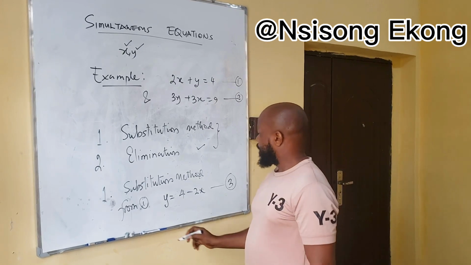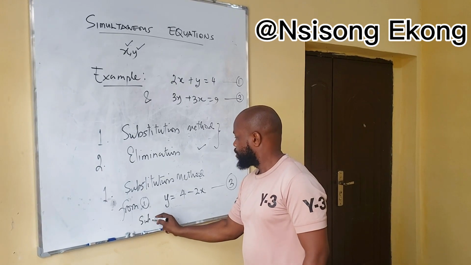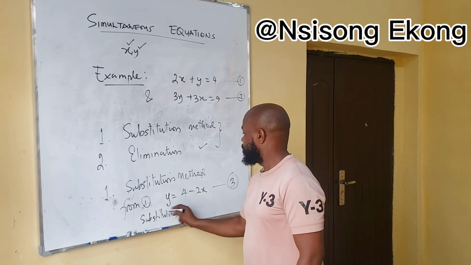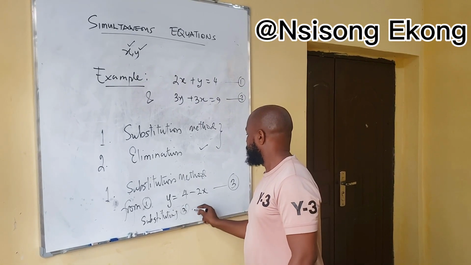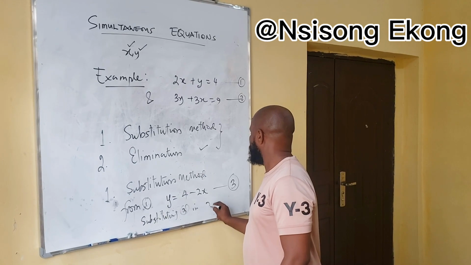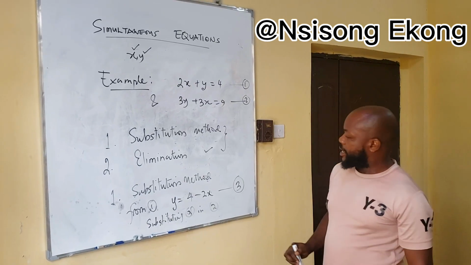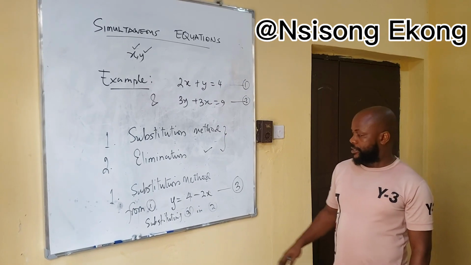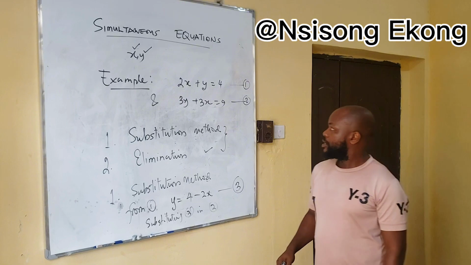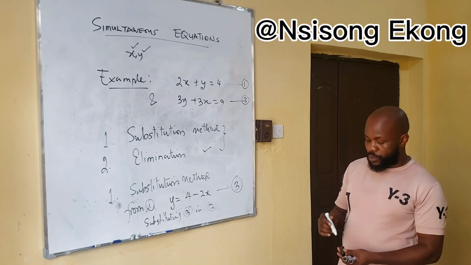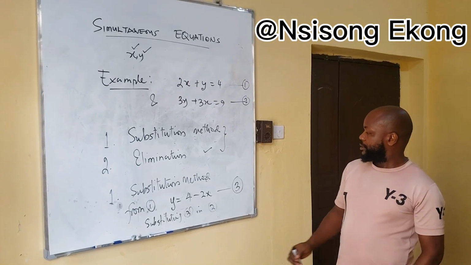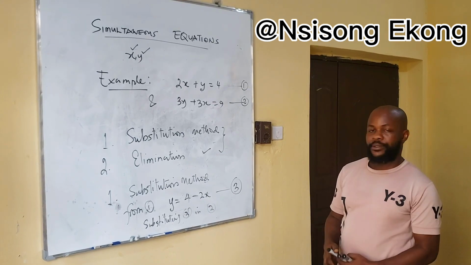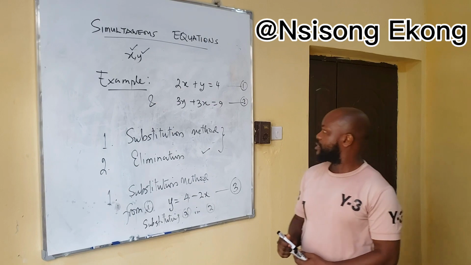From equation 3 now, we can substitute equation 3 in equation 2. And that's where the name of that particular method comes in, by substituting. That means wherever we see y in equation 2, we'll put the value from equation 3, which is y equals 4 minus 2x.